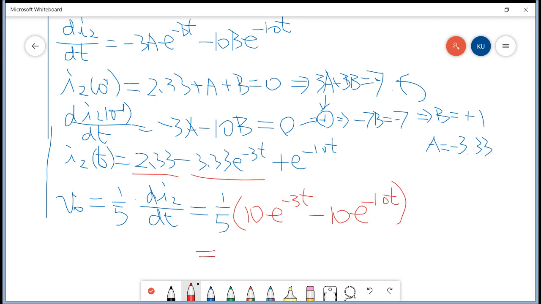So the answer will be 2 exponential to minus 3t minus 2 exponential to minus 10t. It will be B.